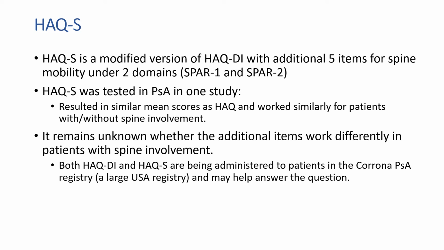Therefore, it is unknown whether the additional items may be working differently in patients with spine involvement. In a big registry in the USA, the Corrona Registry, PSA patients are being administered both the HAQ-DI and HAQ-S. Once we analyze the data set, it may give an answer to the question.